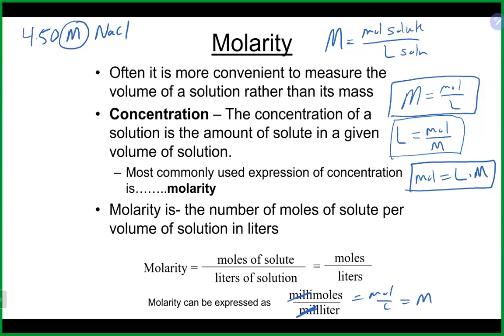They forget all about the volume part of it and they just think moles because it says M. So I would highly recommend when you're doing calculations that you convert that into 4.50 moles over a liter.